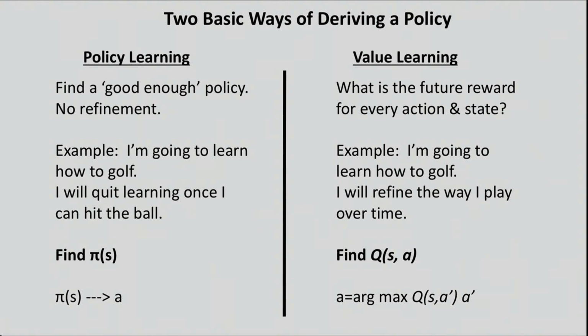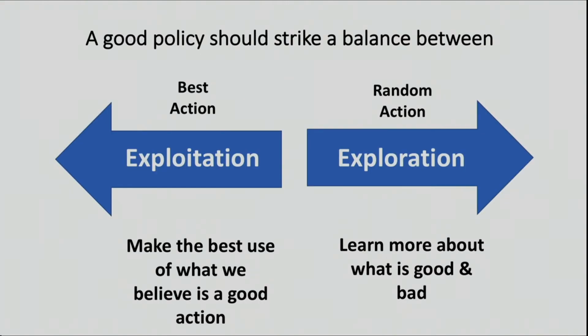Now, a good policy should strike a balance between exploitation and exploration. Exploitation is about referring to, for example, a Q table that will inform what the best potential actions might be in a given state. But exploration is a little randomness.